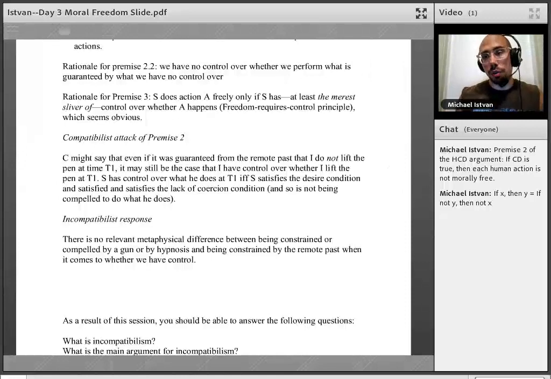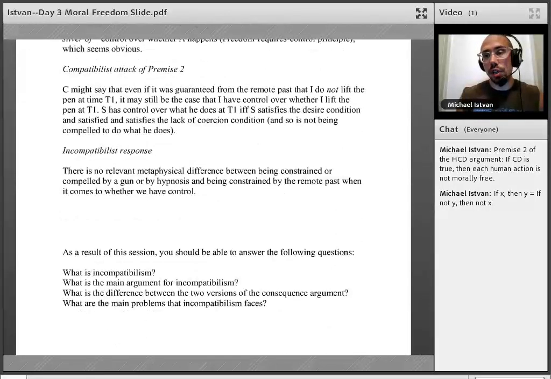Now, as a result of this session, you should be able to answer the following questions. What is incompatibilism? What is the main argument? You can word all the views that we're going to look at in this moral freedom segment, and all the main views that there can be, as in some sense related.